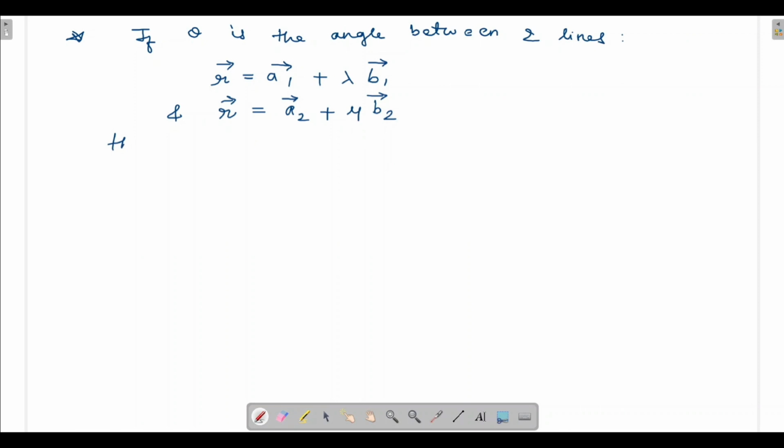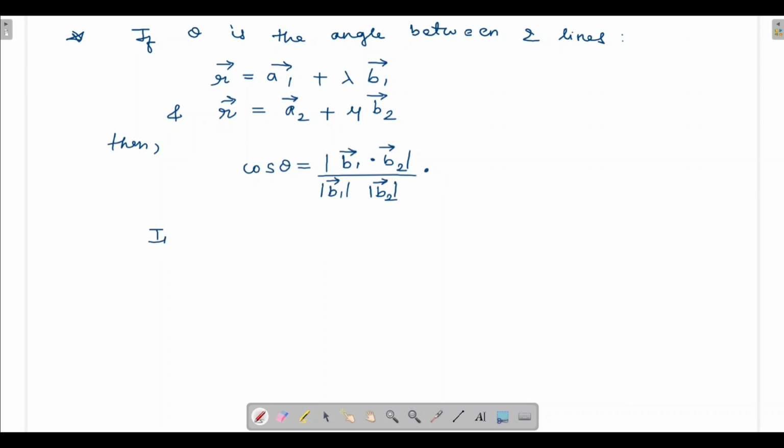Okay, then we'll have cos theta equal to modulus of b1 bar dot product b2 bar divided by magnitude of b1 bar into magnitude of b2 bar.